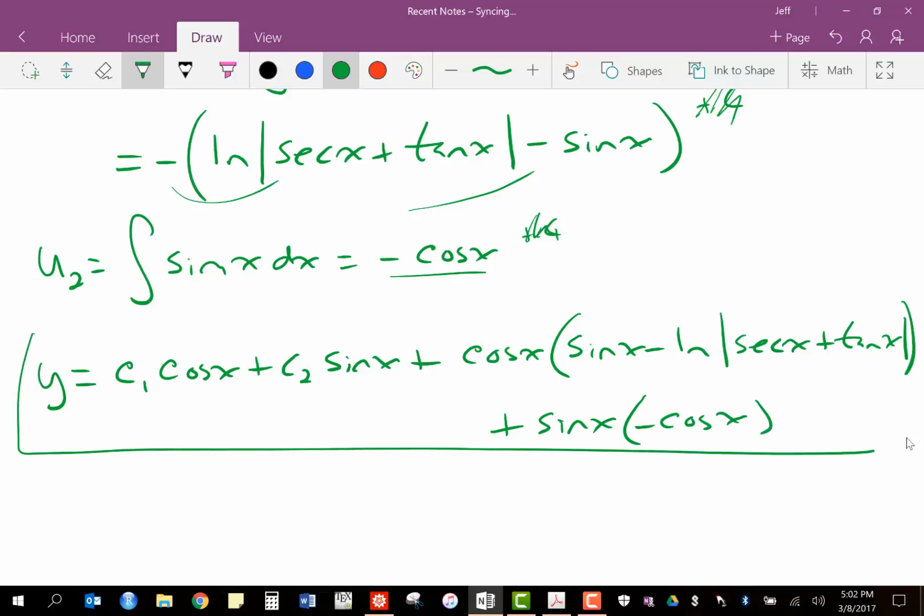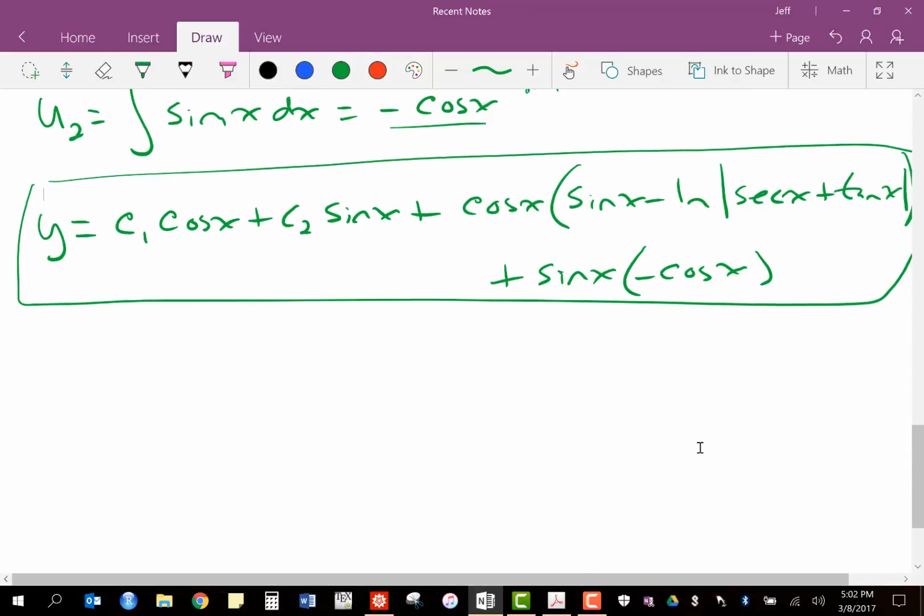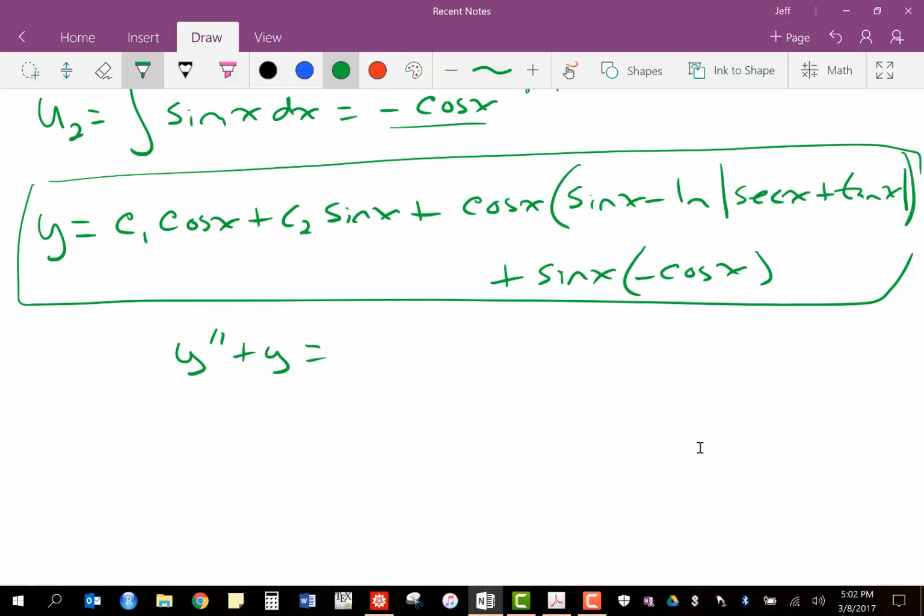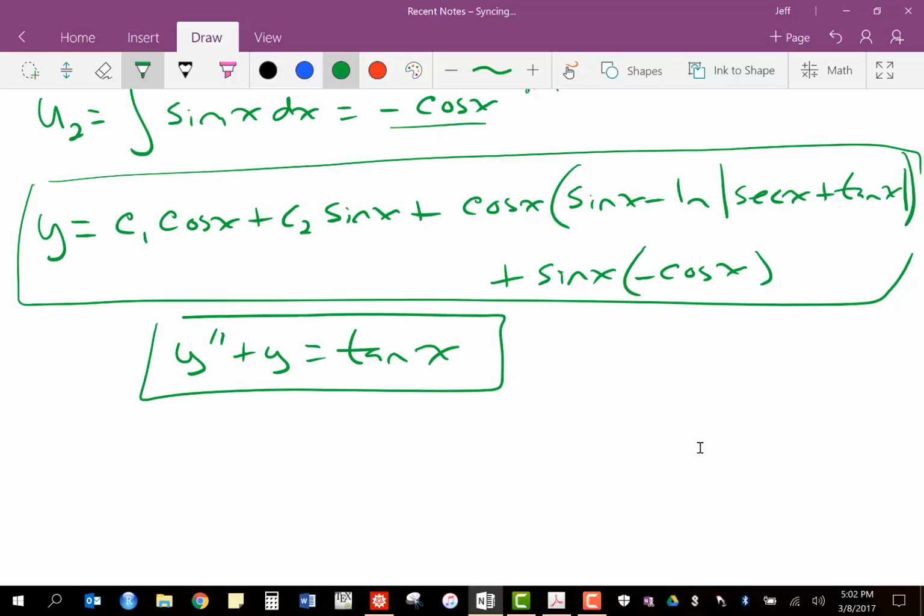So this is our solution to the differential equation, and I just want to remind you that the differential equation was y double prime plus y is equal to tangent. What a cute little innocent looking differential equation that all of a sudden exploded into this big of a solution.